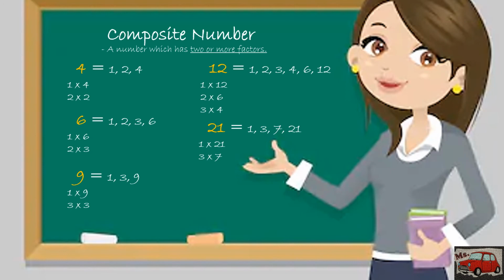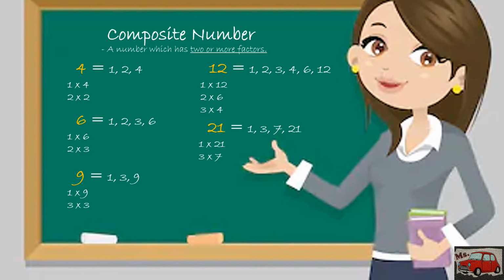Okay? Example, si 6. 1 times 6. Eh, di ba si 6, ang breakdown lang yan is 2 times 3. So, pwede nating sabihin na 1 times 2 times 3, that is 6. So, again, pinagsama-sama lang natin yung prime numbers para makabuo ng composite numbers.